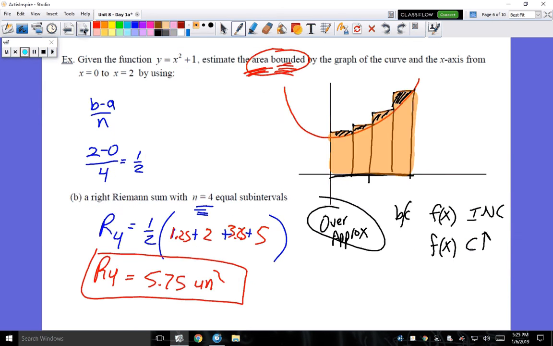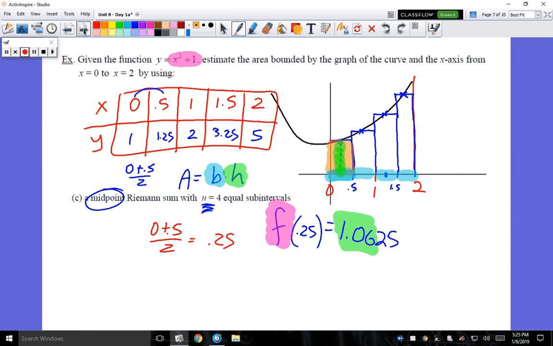A lot of people mistakenly think they're taking the average of the y's, like with trapezoidal, and that would be wrong. Notice I never took the average of 1 and 2.5 for this first rectangle. I took the average of their x values to get in between 0 and 0.5, which is 0.25.